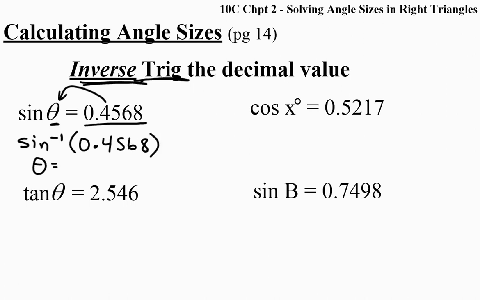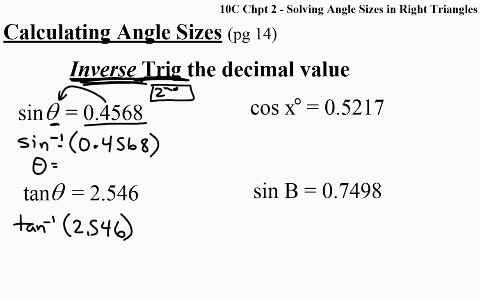We want to take tan theta, 2.546, which means we want to inverse tan the 2.546. How do we get that little -1 exponent on the calculator? The second function is what helps us to inverse.